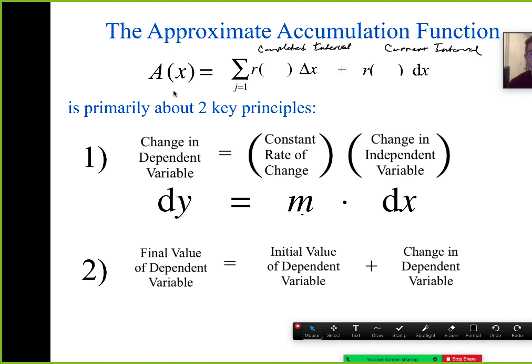Does that just mean our completed intervals are our initial and the current is our change? So all the accumulation from the completed intervals, could that be thought of as some initial value to which we're adding a little more change? Can we think of it that way? Yeah, it's good.